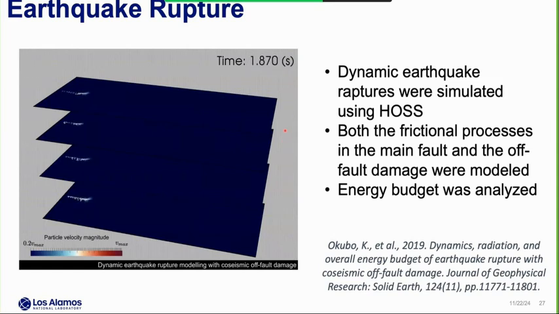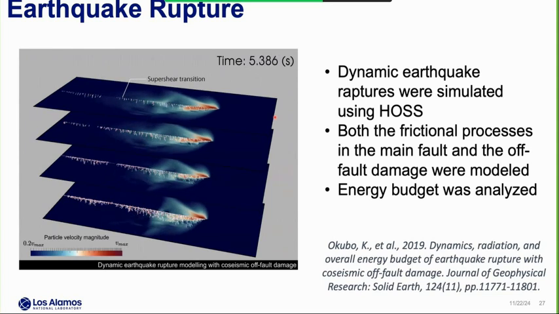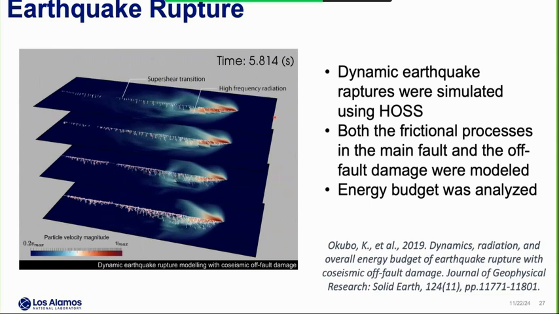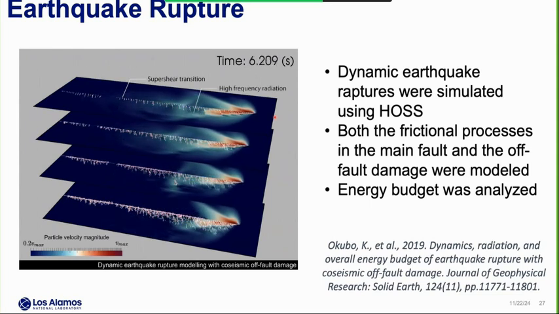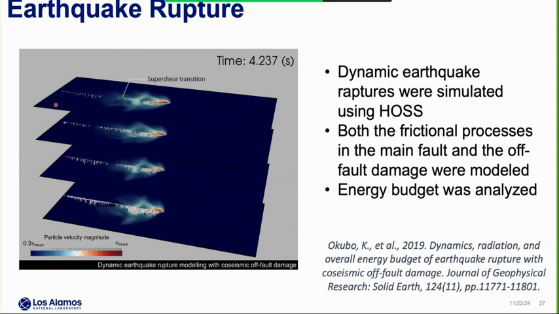That's to say they just focus on the friction process in the bigger fault. And what we bring to the paper in this case is that, with HOSS, we can simulate not only the friction process in the bigger fault, but also the damage generated during the earthquake rupture process.